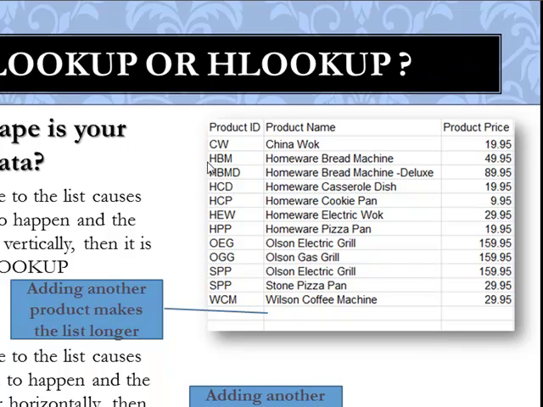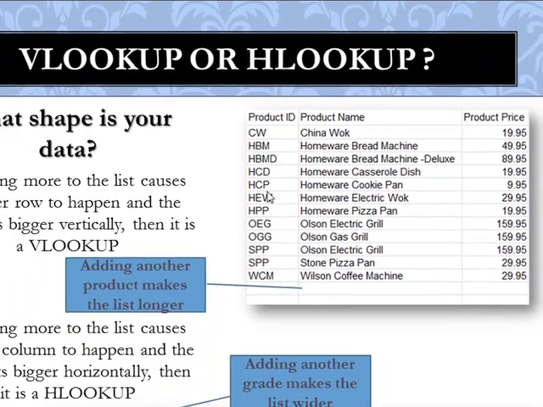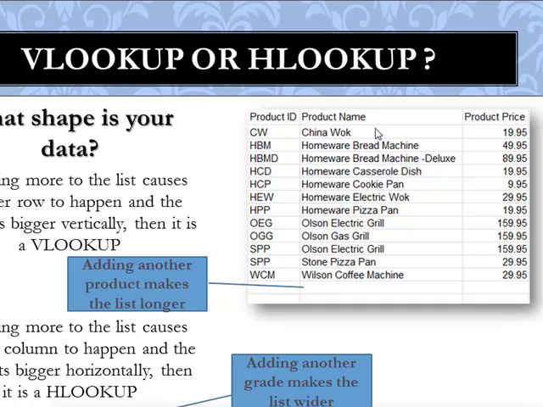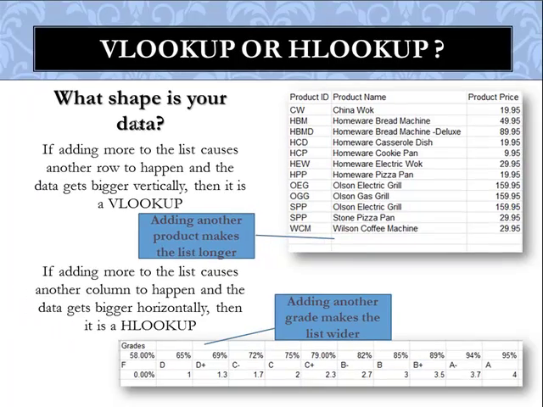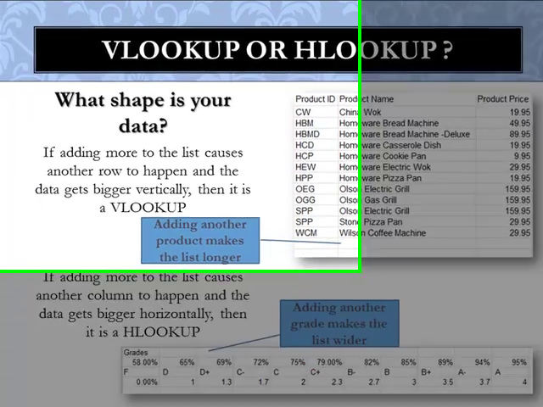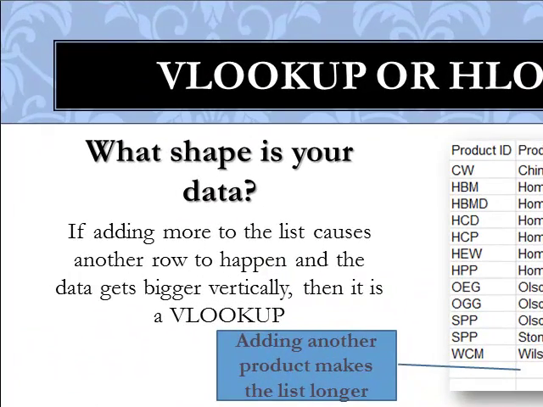Here is an example of a table that has products with a product ID, a product name, and a product price. Now, when you add more data, is your data going to grow sideways, horizontally, or is it going to grow up and down vertically?